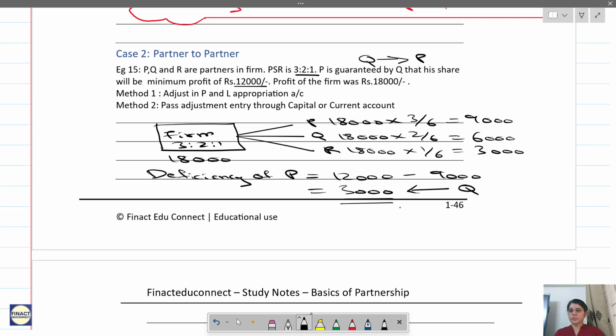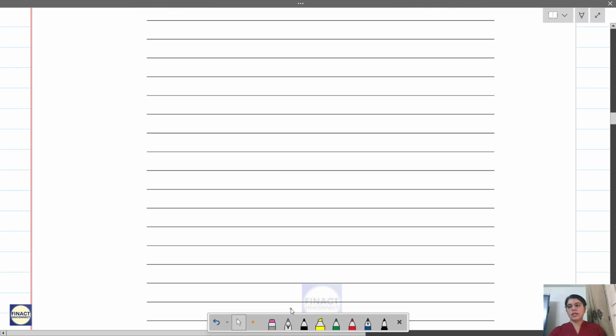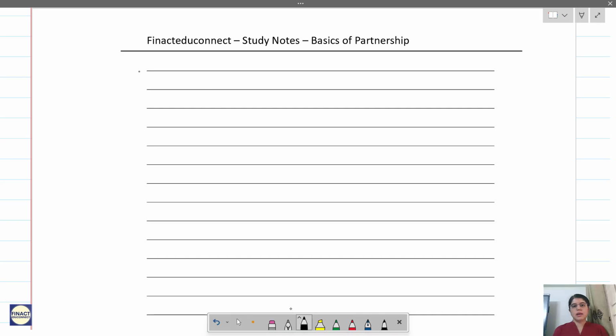Now let us understand two methods of accounting. Let me first do method 1. In method 1 I will be preparing the profit and loss appropriation account. So here draw the format of the profit and loss appropriation account.